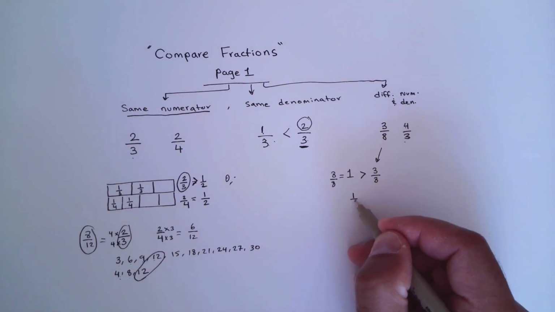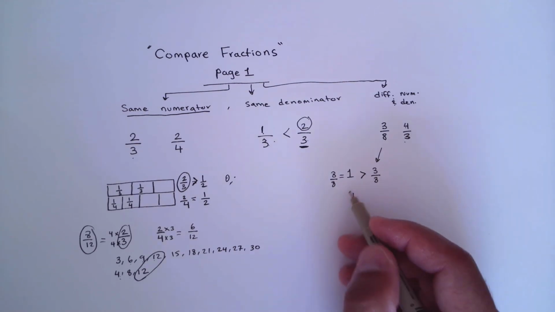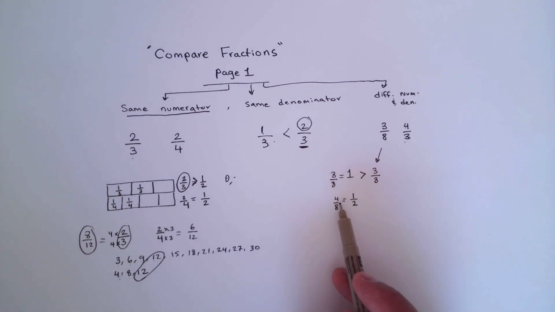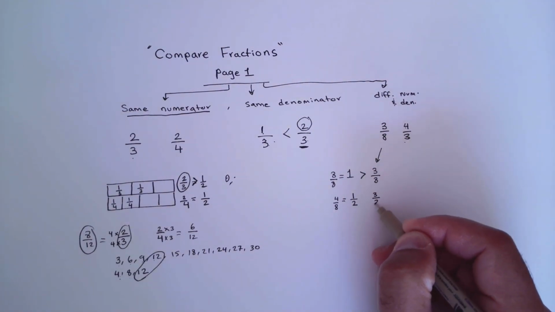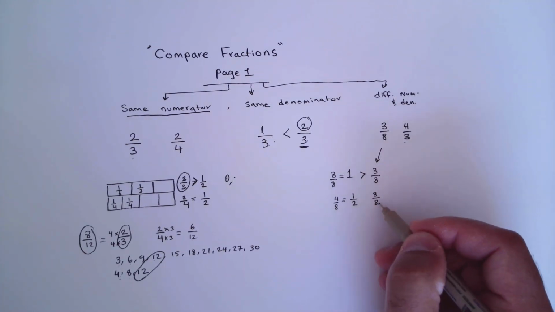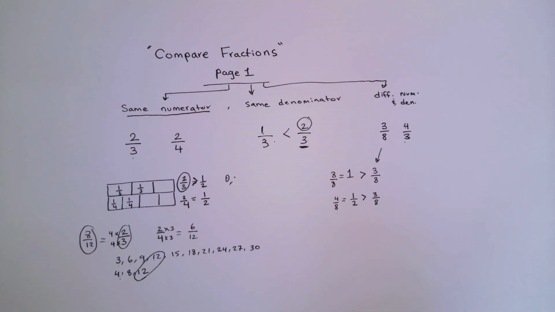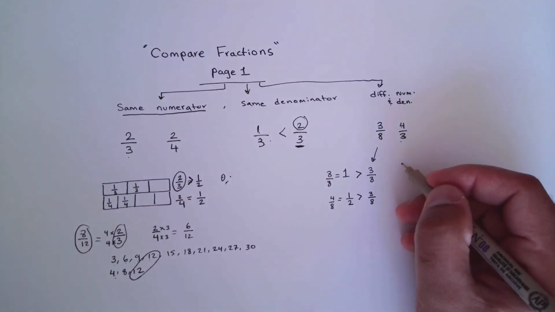If we use the half, okay, half of 8 is 4/8, because 4 makes half of 8. If we have 3/8, that is 3 is less than 4, so 3/8 is less than 1/2, right, fourth graders?